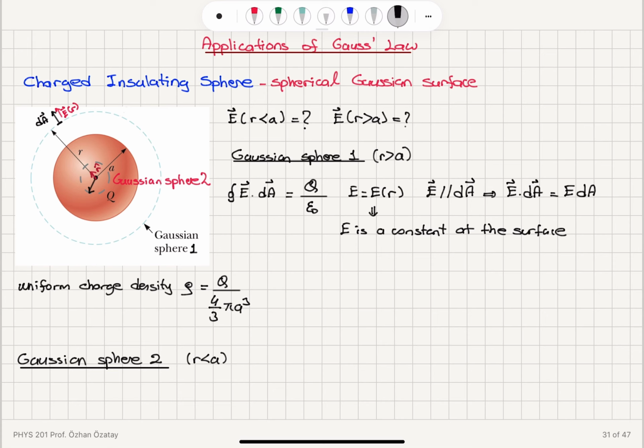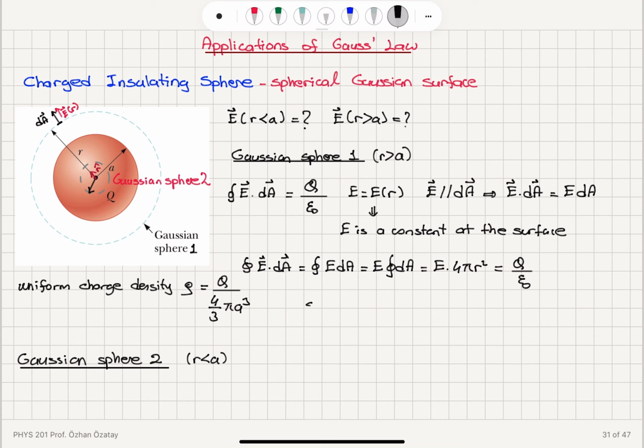So the total electric flux for the closed surface becomes E dA. The electric field is constant on this surface, so it comes out of the integral. This becomes E times the closed surface integral of dA, which is the total area of this Gaussian spherical surface. So that would be E times 4 pi r squared, which is equal to the charge enclosed Q divided by epsilon 0, the permittivity of free space.